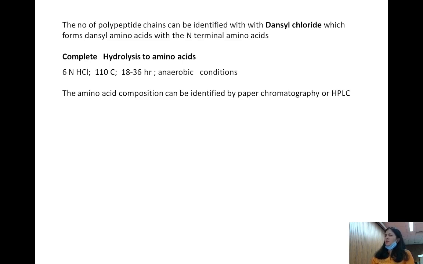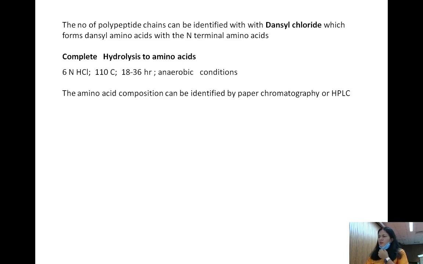Now you will subject these amino acids to paper chromatography, and by calculating the Rf value for each spot on the paper, you will be able to identify the type of amino acid present and how many amino acids are present.